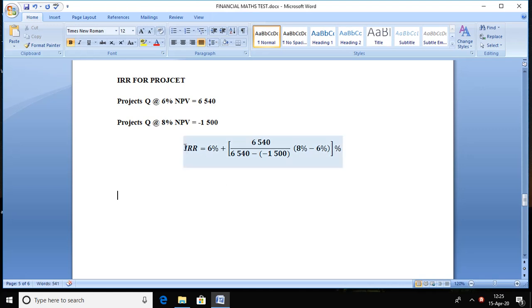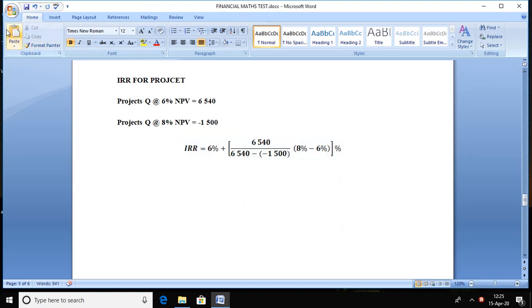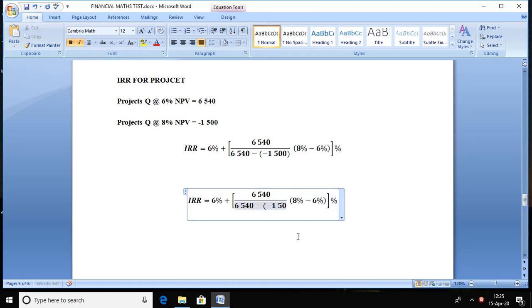All right, so this denominator is going to result in a sum, because negative multiplied by negative, that's a positive. So 6,540 plus 1,500, you should get 8040. So you are going to have that divided by 8040.